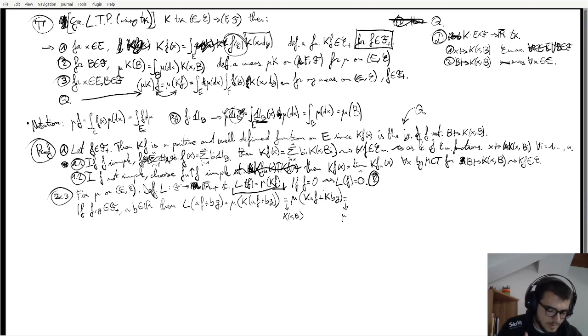The continuity has nothing to do here. It's the linearity of the integral with respect to a measure.